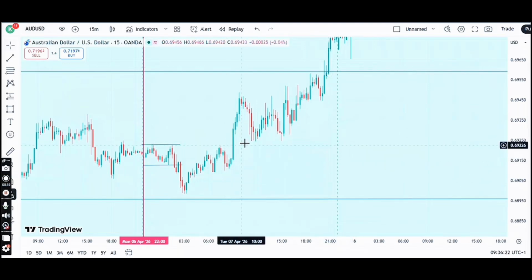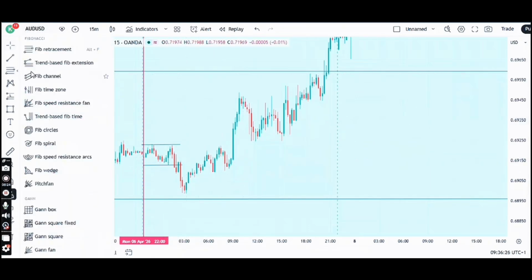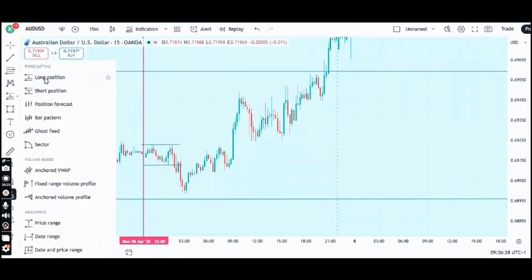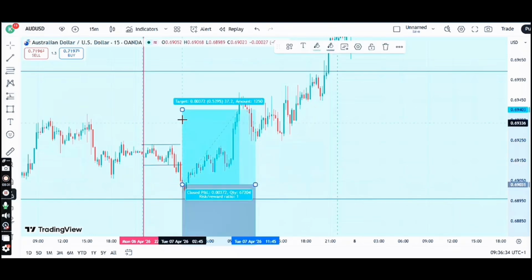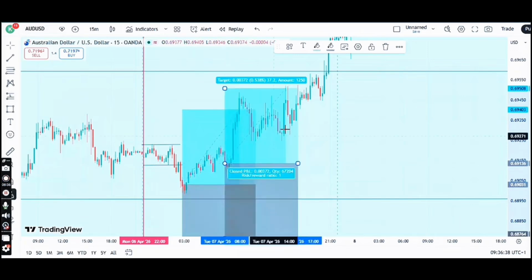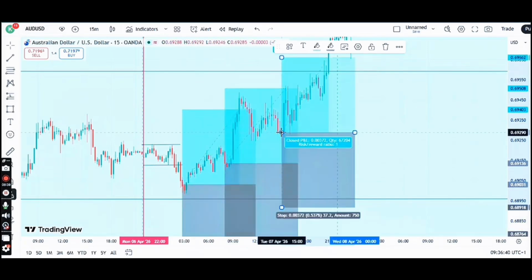So that is how you would have gotten 2 opportunities here. If you are a sharp entry trader, you would have entered at this particular point, or at this particular point, or at this particular point. These are the 3 places you would have entered the market.